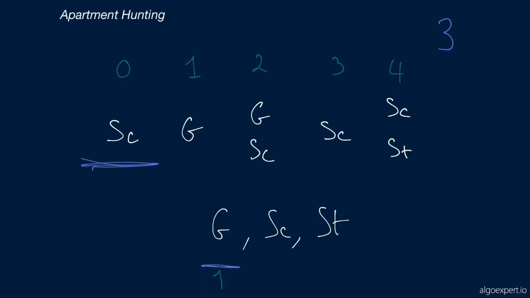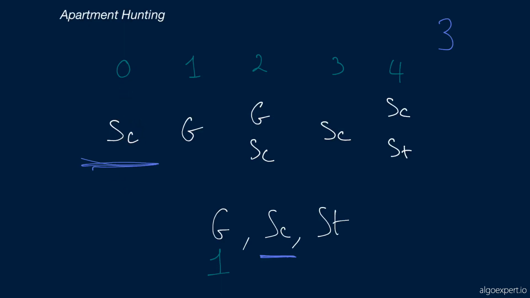Let me actually move this line, because now we are going to go through the school requirement. So this is 1 block away. Then we go through the school requirement. We iterate through all of the blocks here again, and we say, how far away is the closest school from index 0, our current index? And it's right there. So it's 0 away.